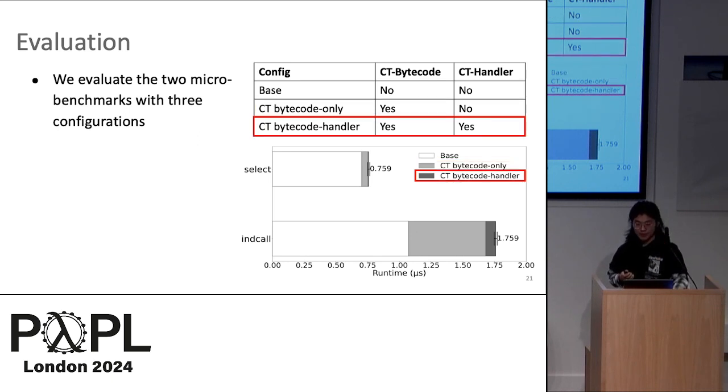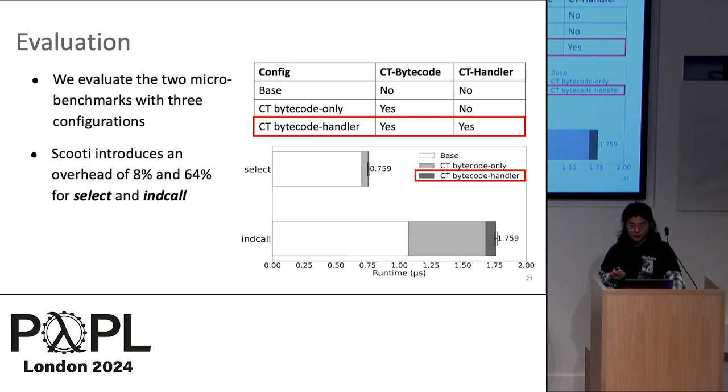And third, the CT bytecode handler setup executes the CT bytecode and CT handler. The dark gray bar shows the additional overhead of executing the CT handler. So for these two benchmarks, Scooti introduced 8% and 64% overhead respectively. It's worth mentioning that the overhead varies a lot with the program and the size of the object.